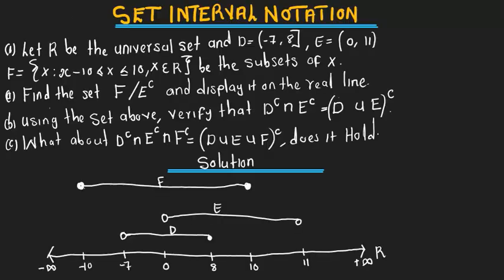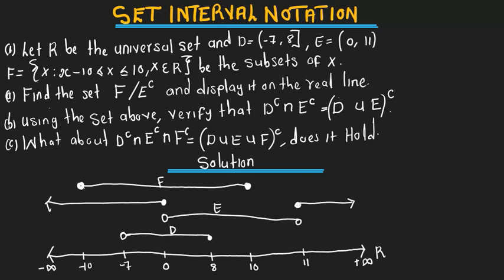So we are going to go on our real line, and then we find E complement. So E complement, we're going to have some shaded region here all the way to negative infinity, like that. Even here, because there's an open circle, it is going to go all the way to positive infinity like that.